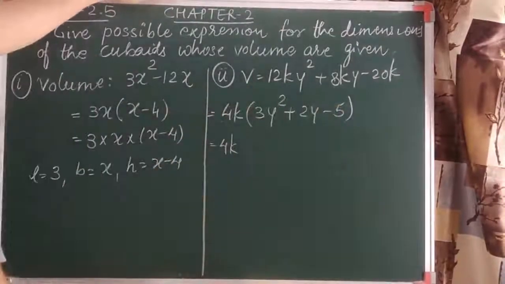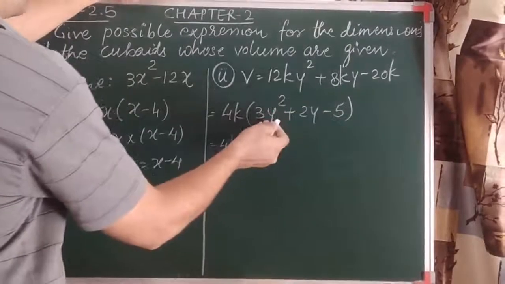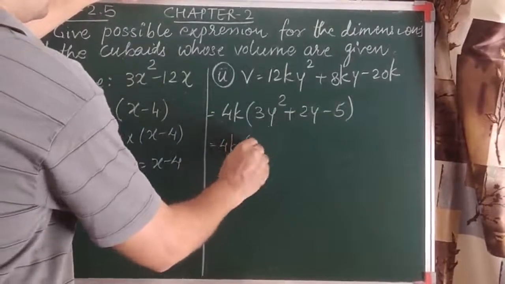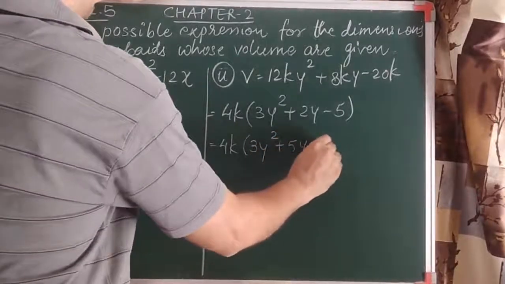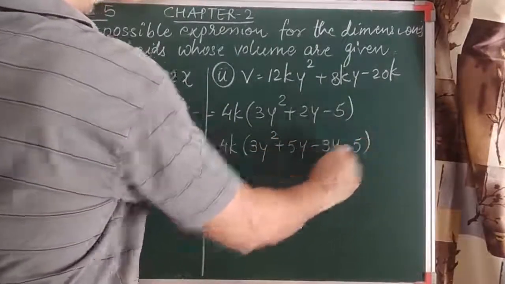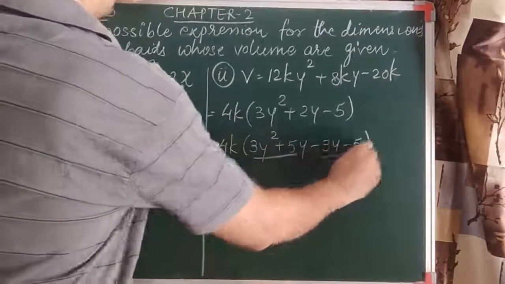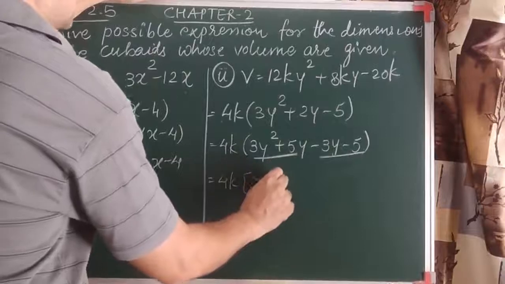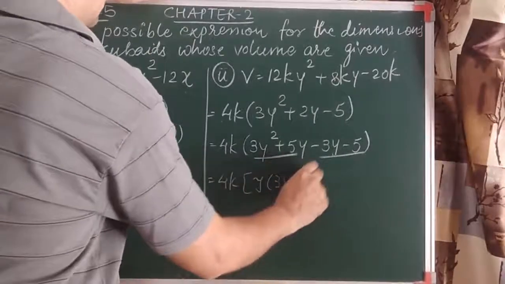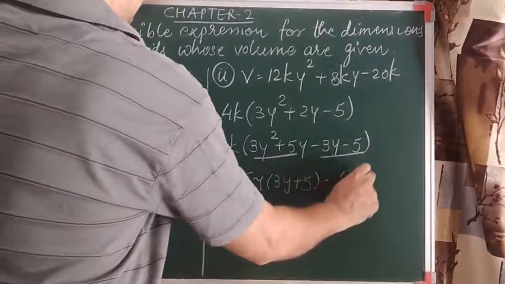So we have to find the possible factors. As we discussed, 5 3s are 15. We have to obtain 2, so we obtain the same factors: 5 minus 3, we obtain 2. Take common from the first two and last two. The common is y only. So it is 3y plus 5 minus 1, so 3y plus 5.